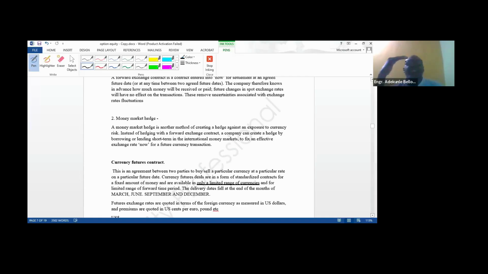Let me repeat that. For a foreign transaction, it is either we are making payments or we are expecting receipts.